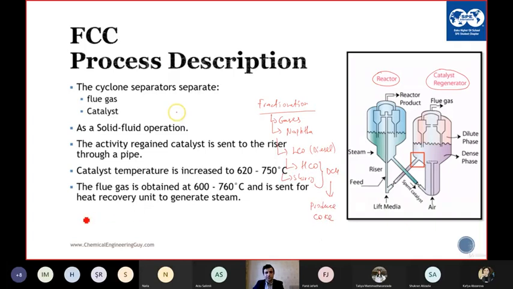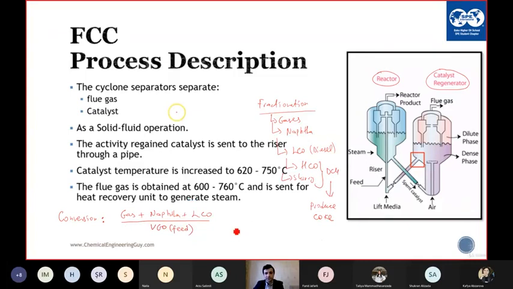And another important parameter is conversion here. How do we find the conversion? The amount of gases plus naphtha plus LCO divided by the VGO. This is your feed. This is your conversion.